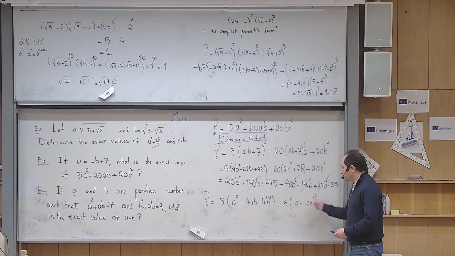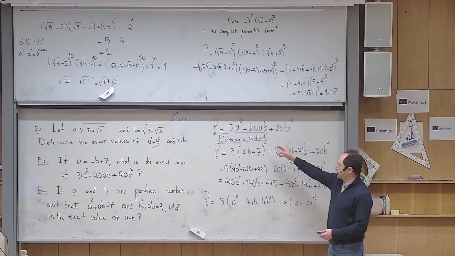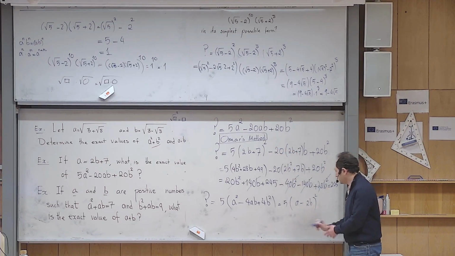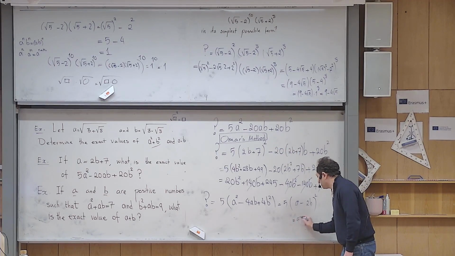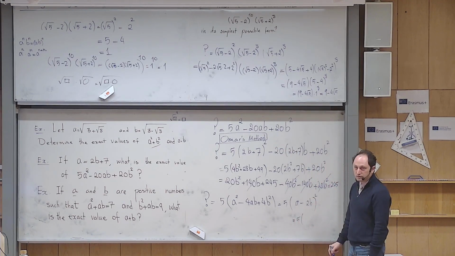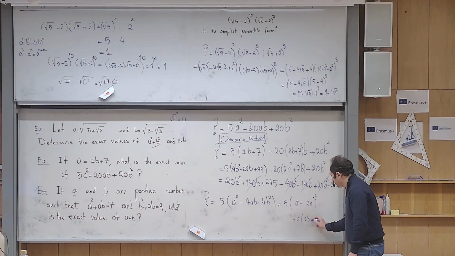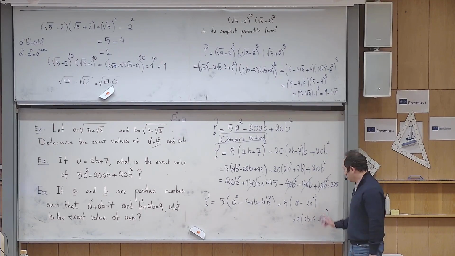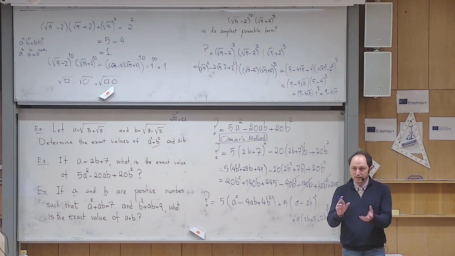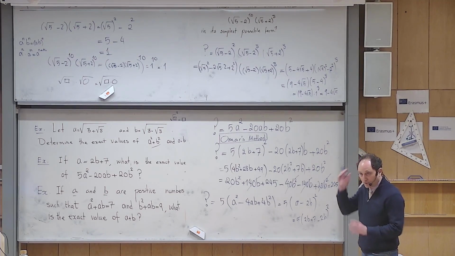But now I will also use the idea that Omar has mentioned, but much simpler. You see what I do? I then replace a with what you said. I replace a with what? 2b plus 7 minus 2b, and then a squared. So I use your idea, but in a smarter way, so that it is faster.